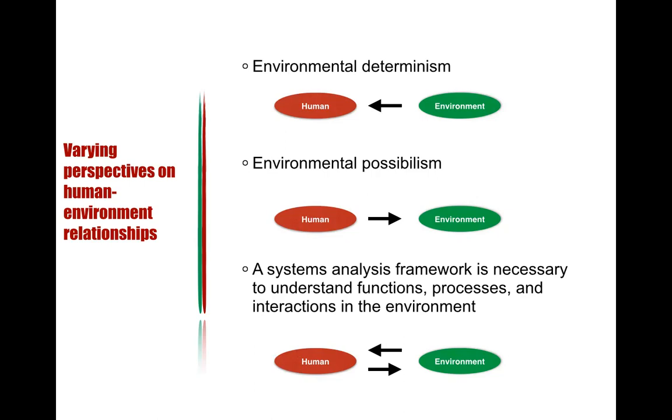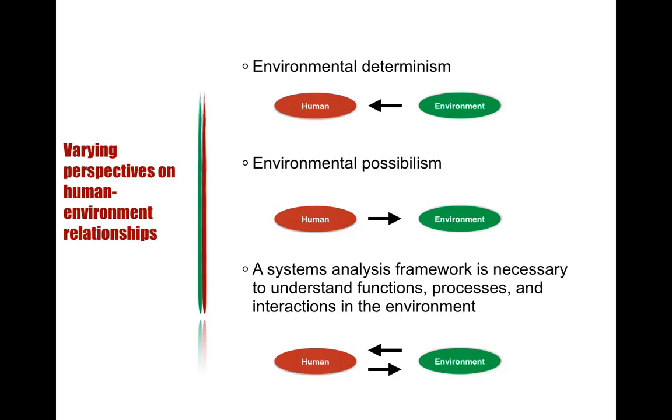So sinasabi dito na yung environment naaapektuhan niya yung ways and means ng mga tao, like yung kultura, yung pananamit, yung pagkain, and every facets of human life. So deterministic, ibig sabihin yung environment, it poses a substantial, a significant influence on humans.